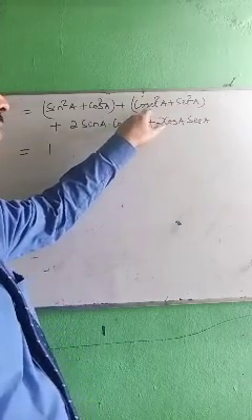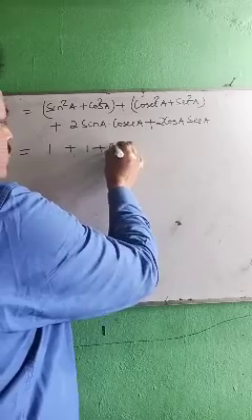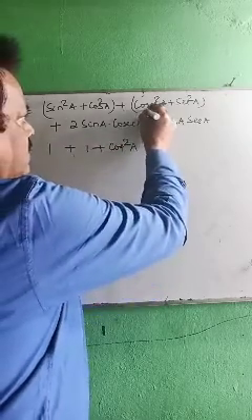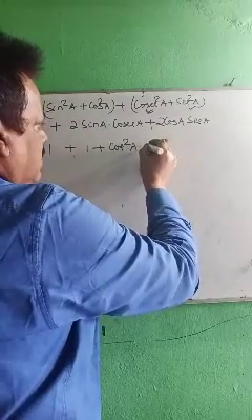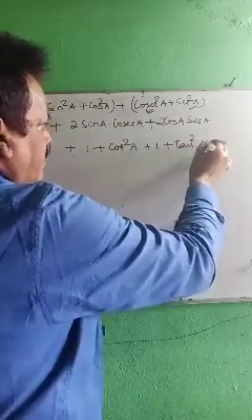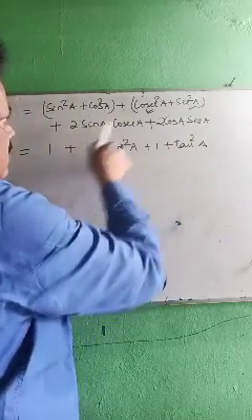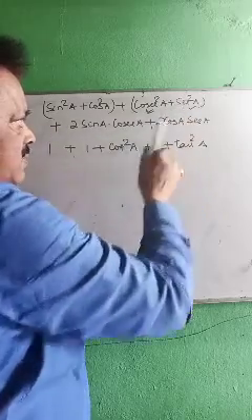There is a formula, you remember, cosec square is 1 plus cot square A. What is sec square A? Now 1 plus tan square A. This became 1. This became 1 plus cot square A. This became 1 plus tan square A.